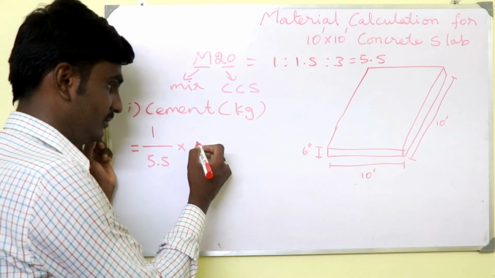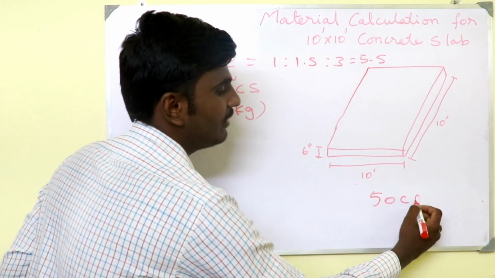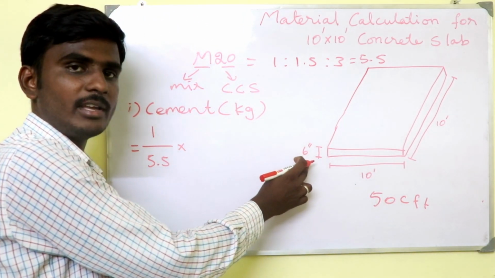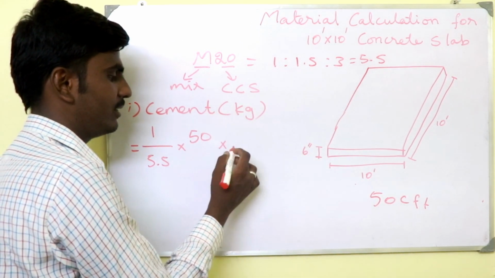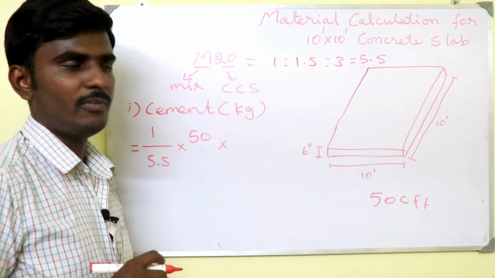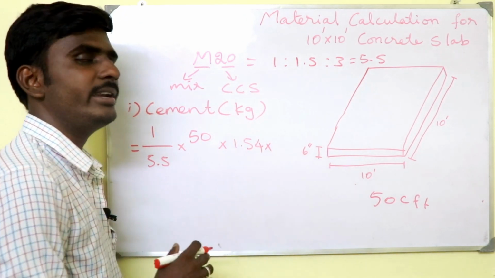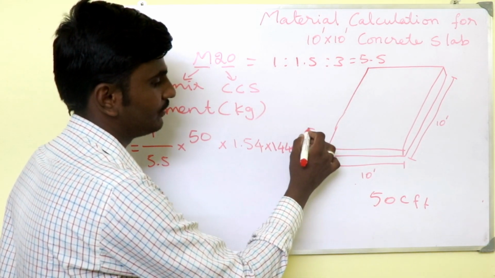Then the volume of concrete to be made is 50 CFT, because we already found 10 feet into 10 feet into 0.5 feet is 50 cubic feet. Then the wet volume factor is 1.54. Another one is the unit weight of cement, that is 1440.